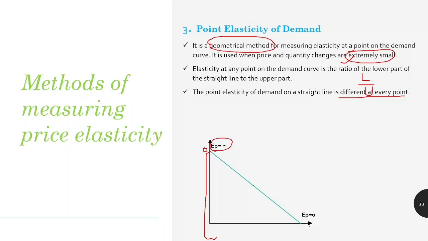Similarly, here EP is equal to 0, and at the midpoint EP is equal to 1. As we know, the range between infinite and 1 is relatively elastic, and between 1 and 0 is relatively inelastic. So this was the graphical method, and do remember it is used when the change is small. So this was all about the methods of measuring price elasticity.